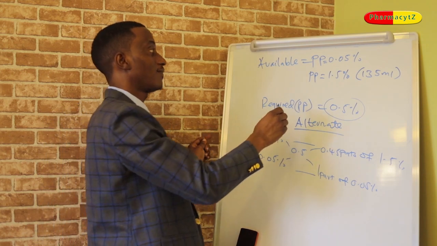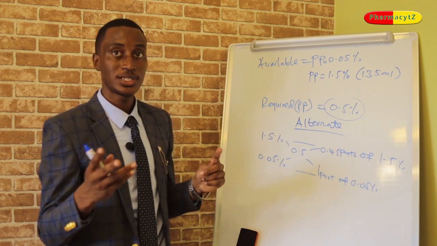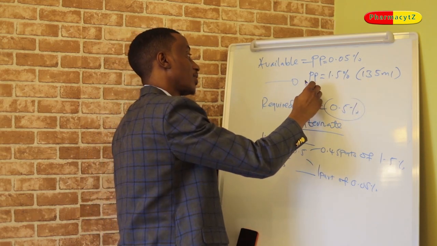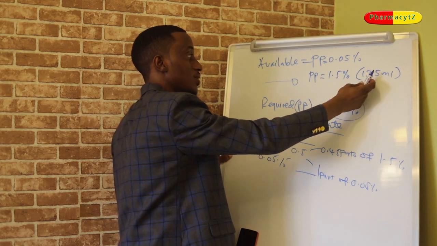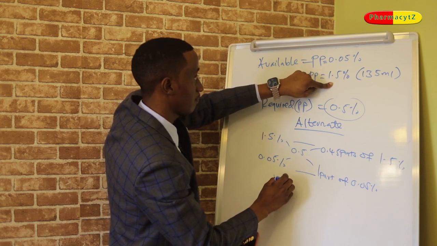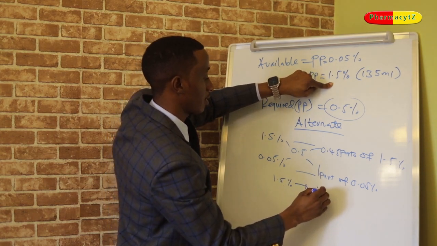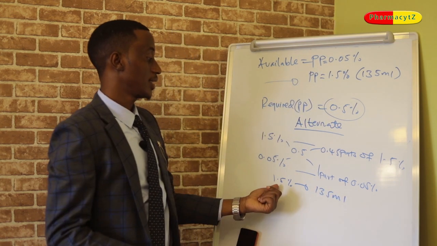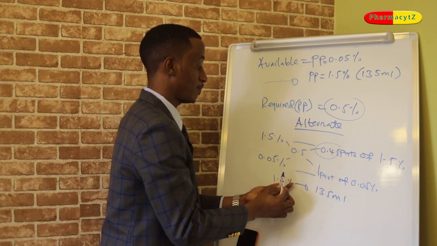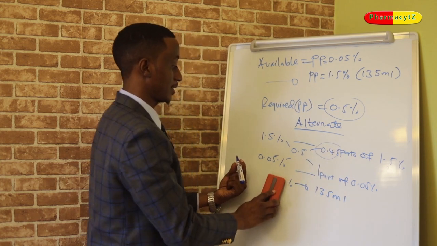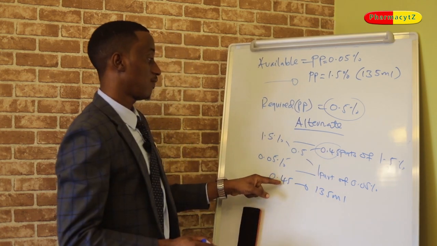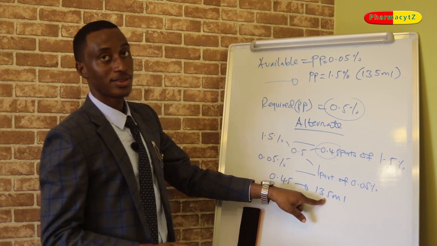Now go back to your data and find the statement with both quantity and concentration. The statement with both quantity and concentration is found here: potassium permanganate, 1.5% with 135 mils, meaning that 1.5% was contained in 135 mils. Now check the number of parts of 1.5%. It has got 0.45 parts. Then let's consider its parts. This is equivalent to saying 0.45 parts were in 135 mils.